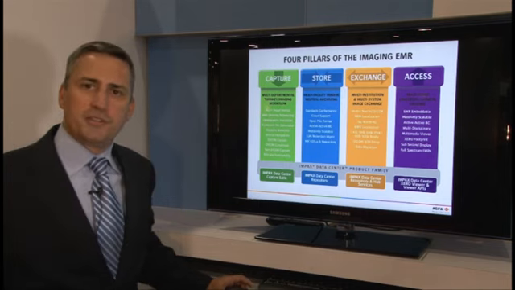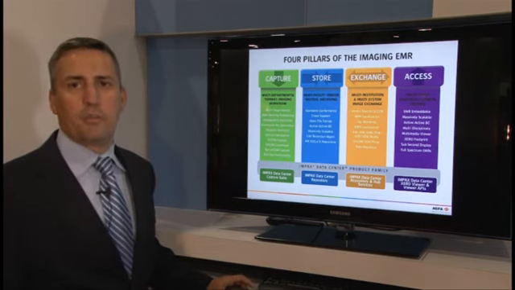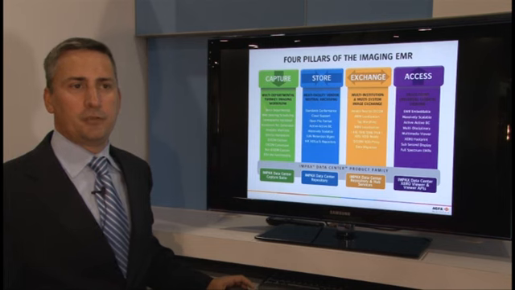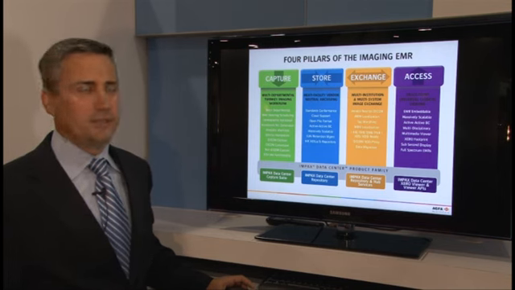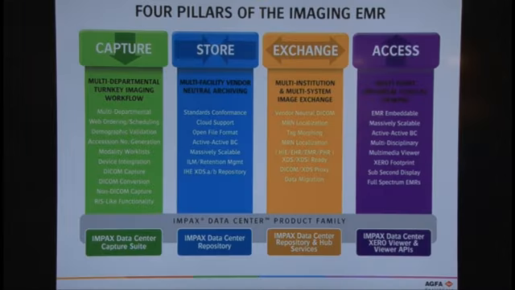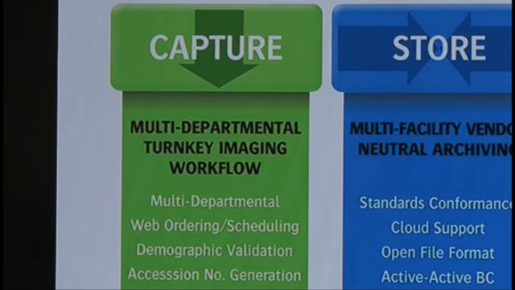The medical imaging repository really consists of 4 core pillars or services that it needs to provide to the enterprise. So the medical imaging repository, or as some folks are calling it, the imaging EMR, really constitutes 4 core pillars: capture, storage, exchange, and access. The primary function of the capture functionality is to provide multi-departmental turnkey imaging workflow.